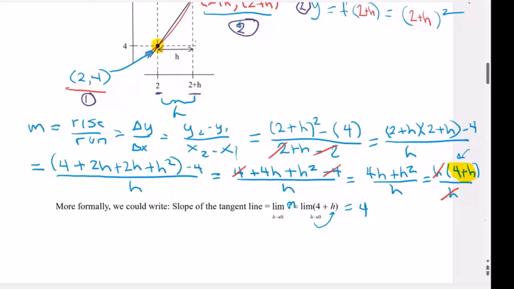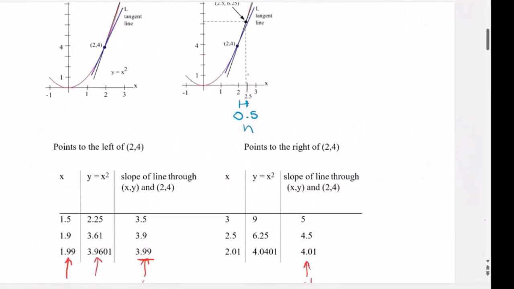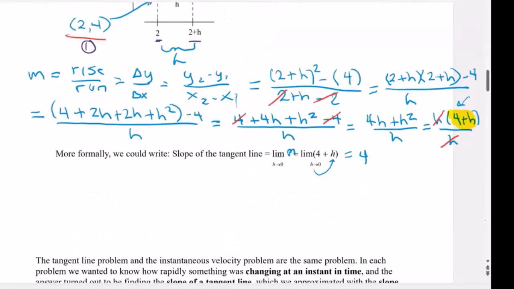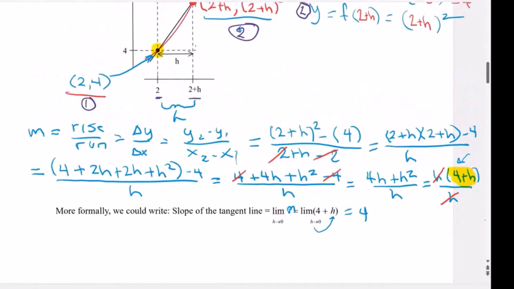And now I found the slope of my tangent line. So I said it was 4. My table said it was 4. And this is a little more algebra, but we can really actually find the value.